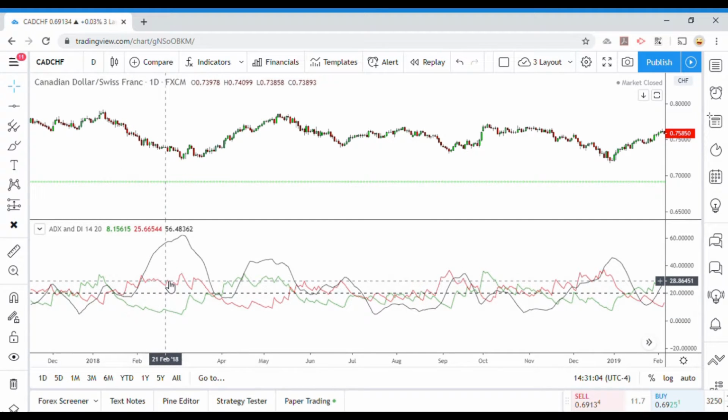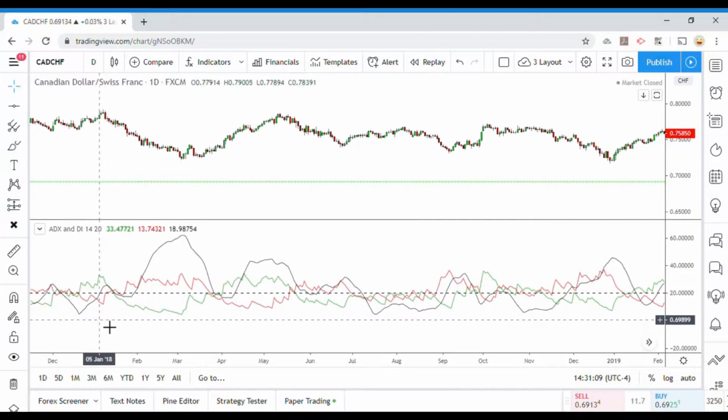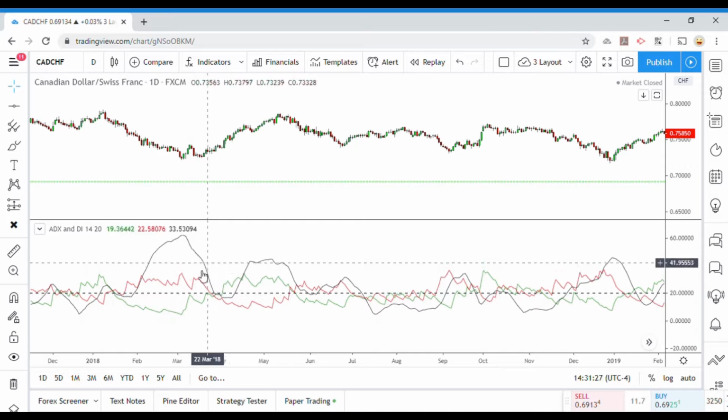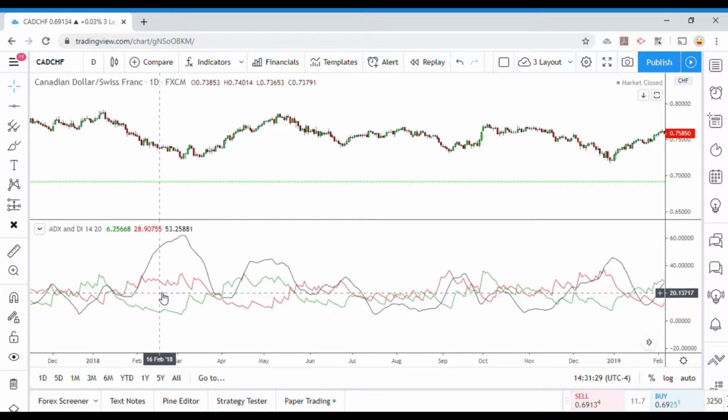Then the signal to go short or go long is created by the red line and green line. So basically, when the red is on top of the green and the black is above the 20, we should be going short. When the green is above the red, and it doesn't matter whether the green and red are below or above the 20, as far as I know there's no significance there.